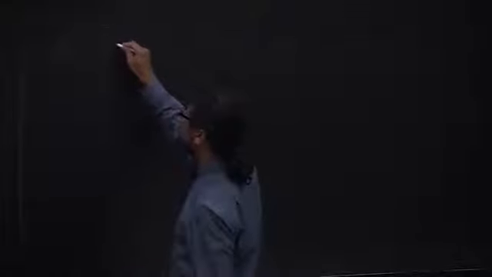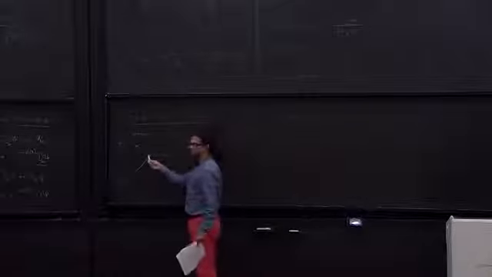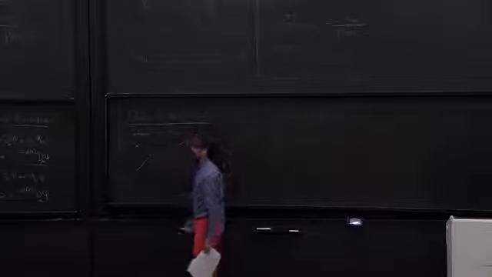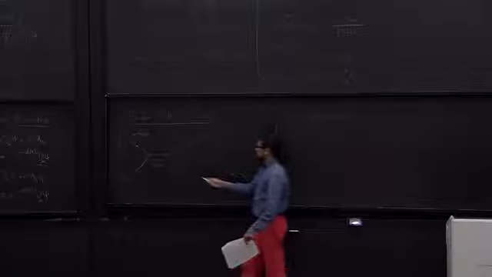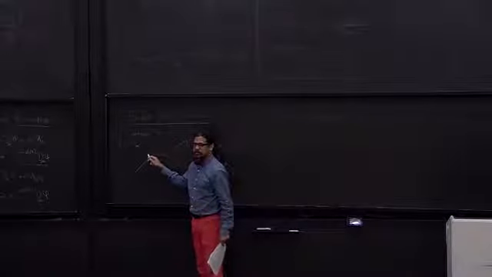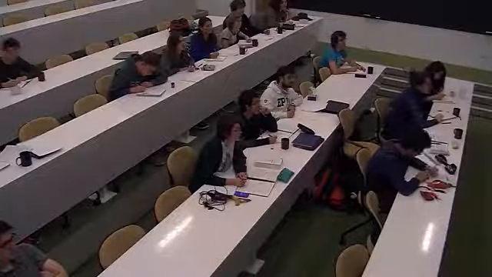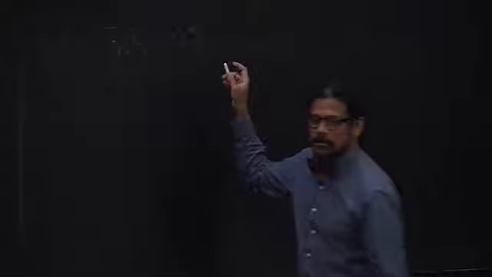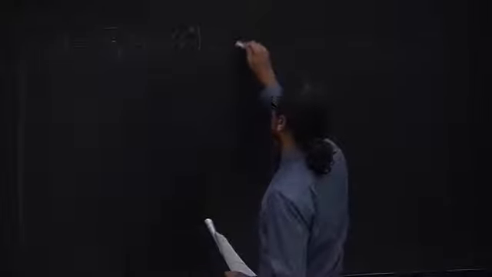And then we get a vertex. What is our vertex factor? Minus i e gamma mu. And then what do we have here, incoming electron or anti-electron? Electron. So U or V? U. And then S and P.